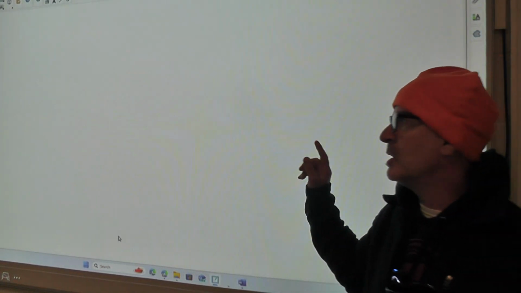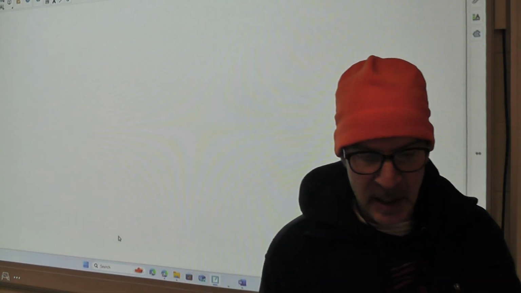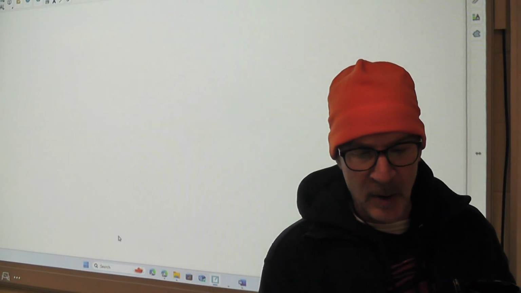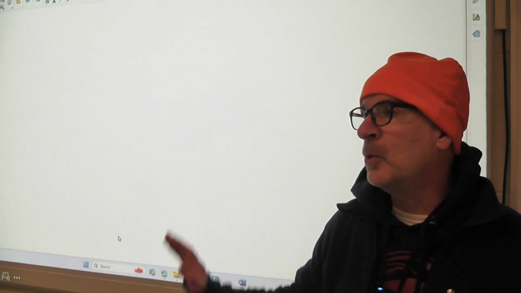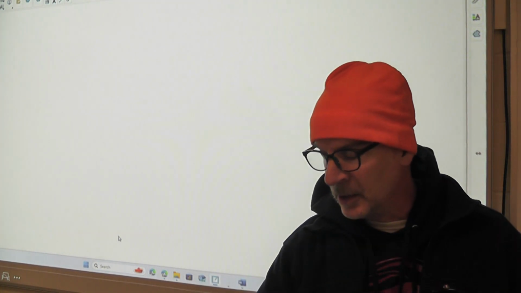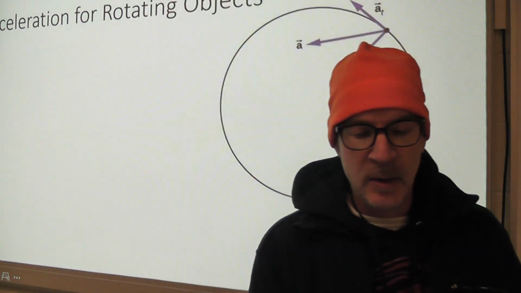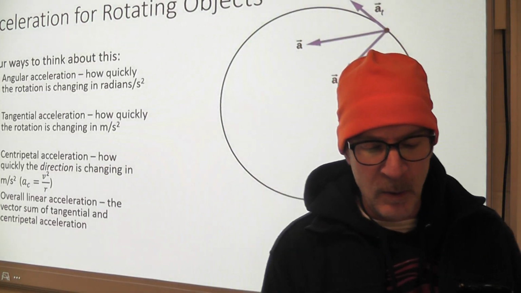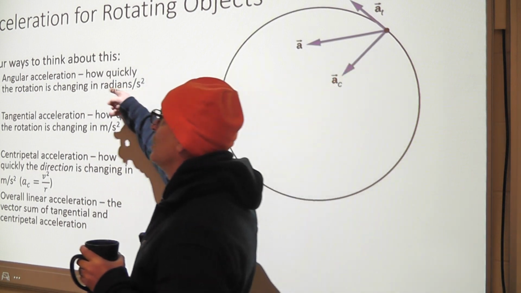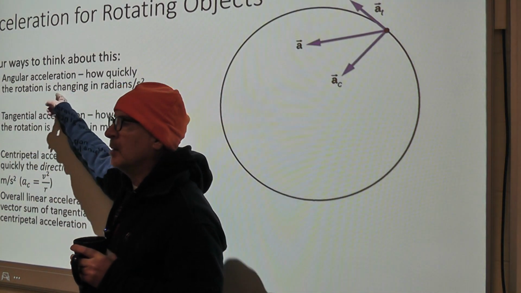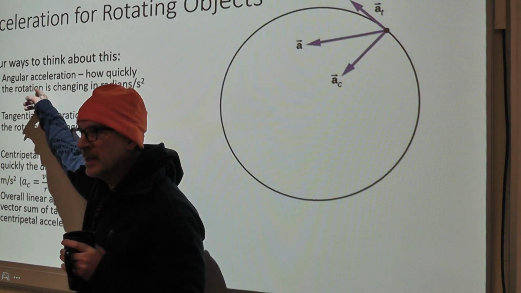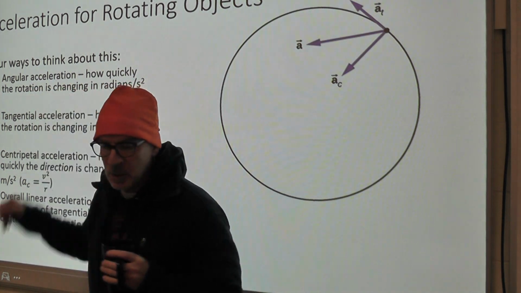We went through a bunch of this on Tuesday. We talked about a quick review of linear acceleration, and then we talked about how the kinds of acceleration we're thinking about for rotating objects for right now are these two, which are linked to each other.